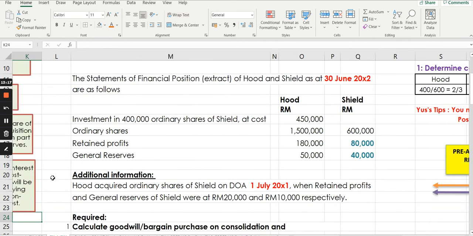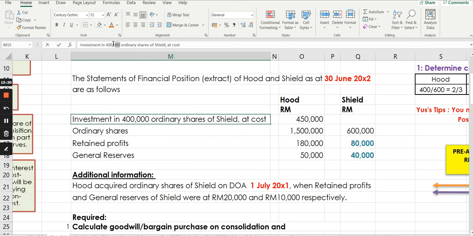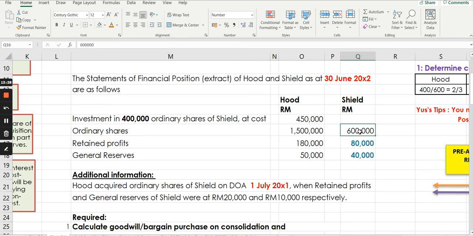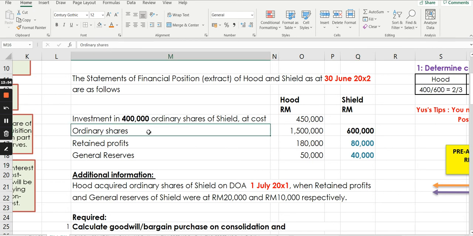You're not given the percentage directly, so you take the investment that you made, 400,000, and divide it by the number of shares, 600,000 in the subsidiary, assuming the value of the shares on that date is 1 ringgit, since there is no information on the share units.